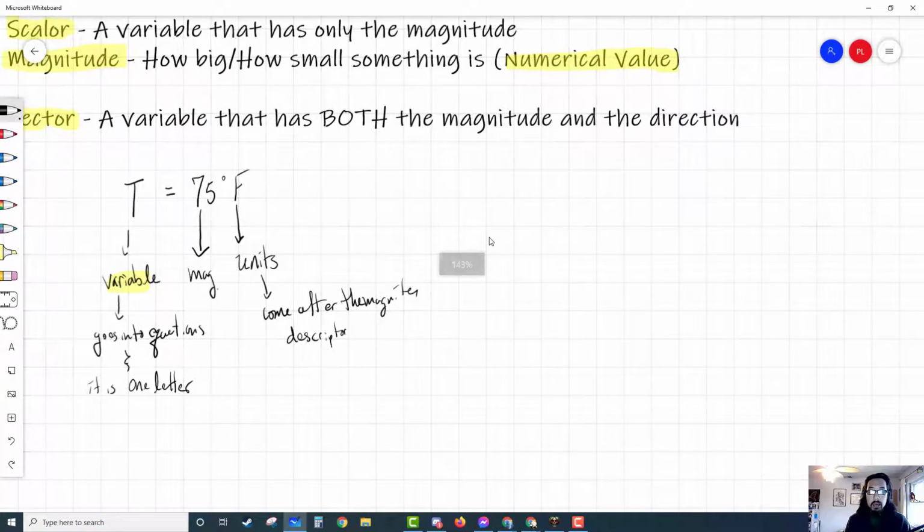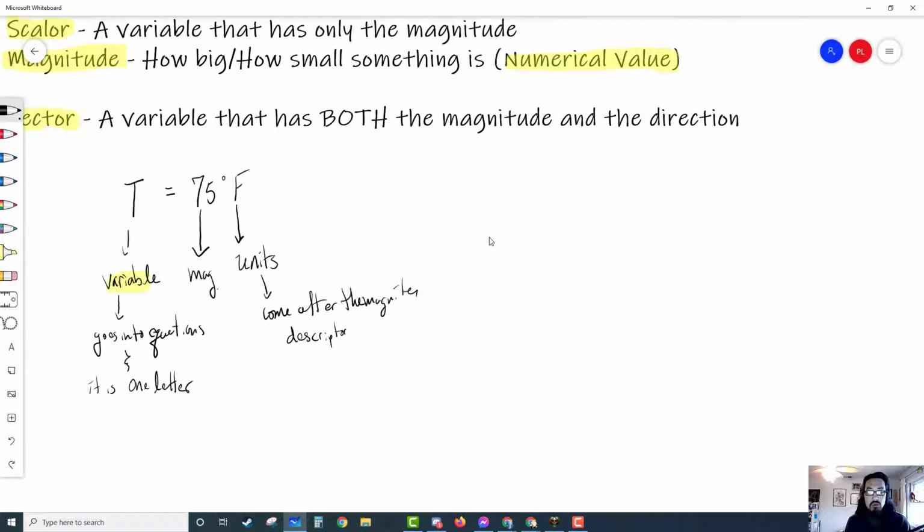So let's say we have a velocity of 5 meters per second, and let's say we are traveling north. Okay, so here v will be my velocity.